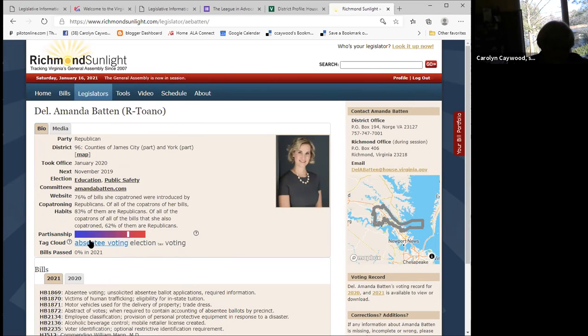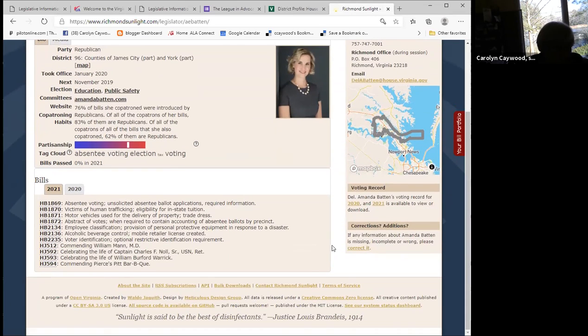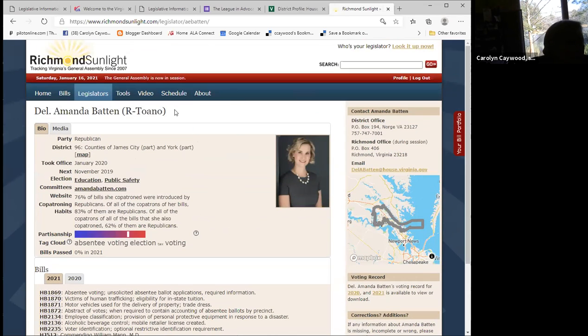She's fairly new, so she's not got a big cloud tag. And here's her district. It's one of those funny looking ones. She lives in Norge, so it goes from beyond Williamsburg down to, I think, Poquoson. Commending Pierce's Pit Barbecue. Okay. They all get a few of those.